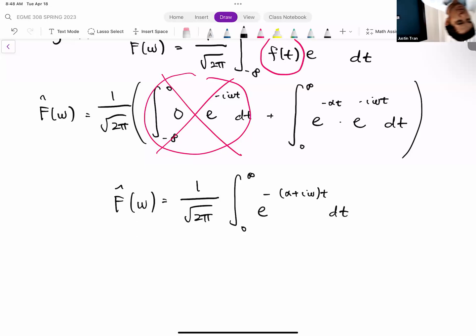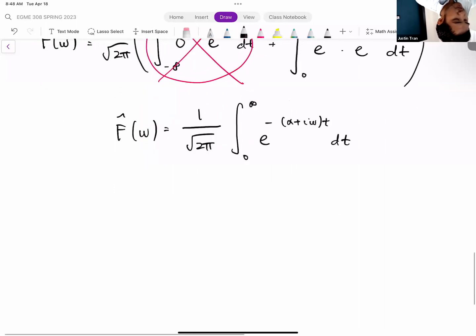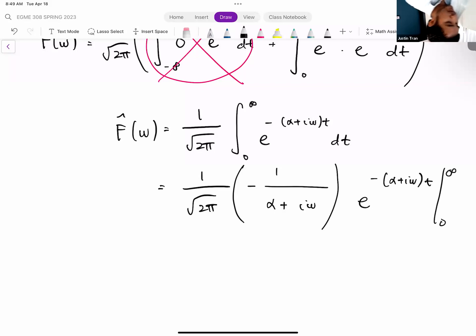From here it's a pretty simple task. We're just going to integrate this exponential function. We get 1 over square root of 2 pi times minus 1 divided by alpha plus I omega, times e to the minus alpha plus I omega t, evaluated from 0 to infinity.